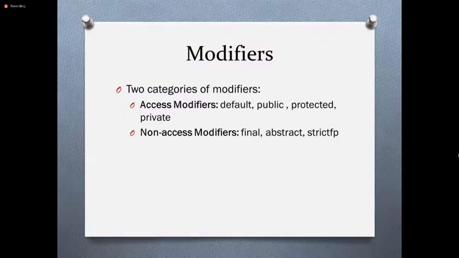Non-access modifiers can be final, abstract, strictfp. In later sessions, we'll be discussing how to define the private ones. Usually we are using the public ones. Later we'll discuss how to declare and use private modifiers.